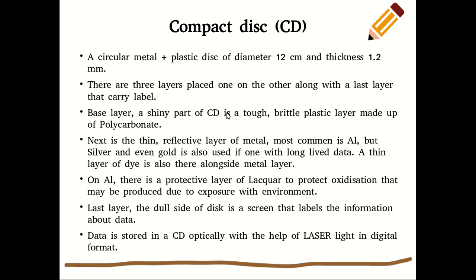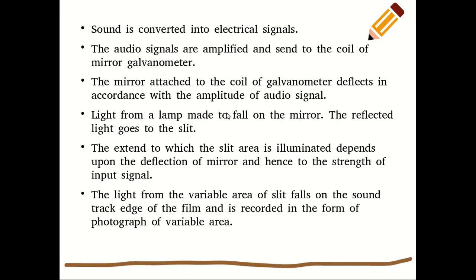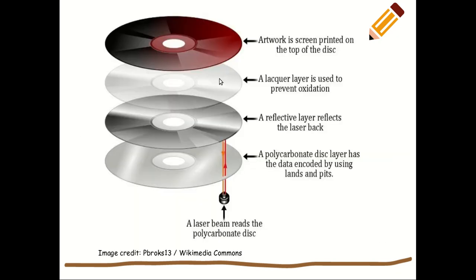Basically, there are three main layers in any CD, but along with these three main layers, there is a fourth layer also, the dull side of the CD, that contains the label describing the data stored in that CD.